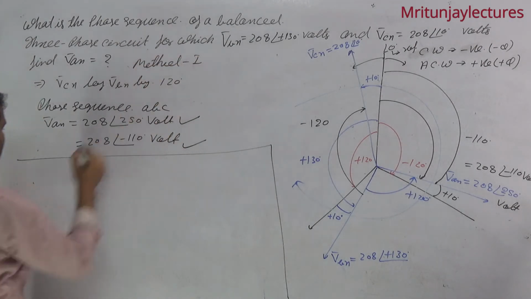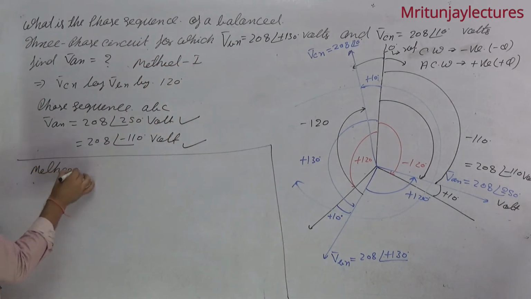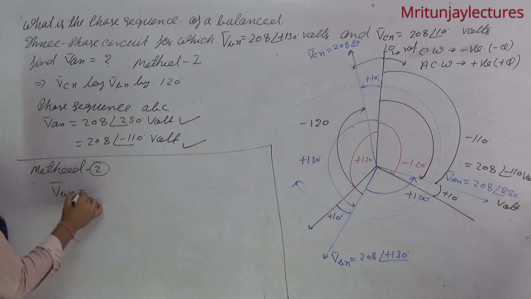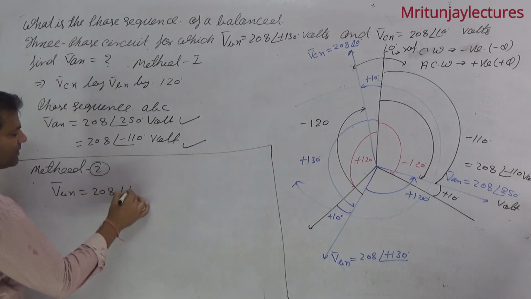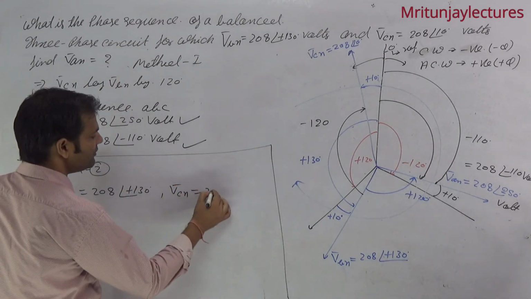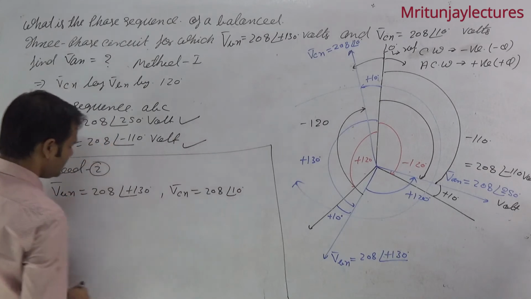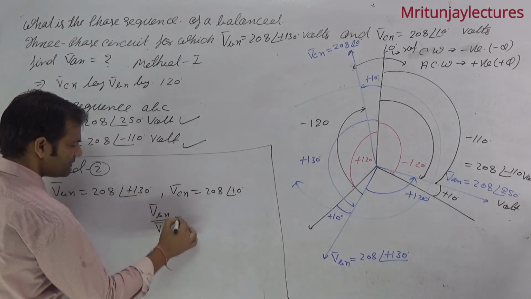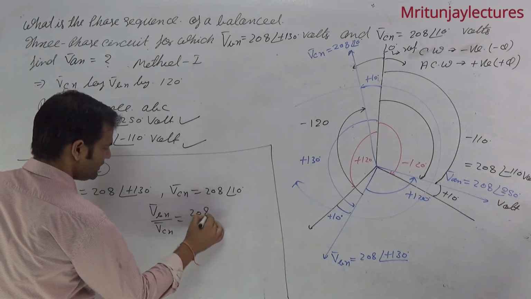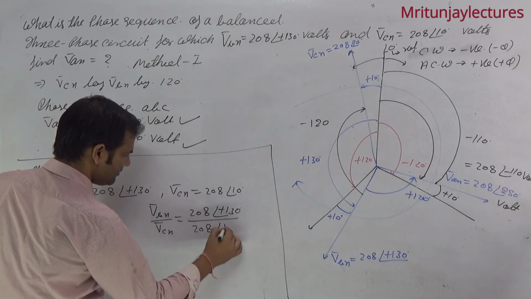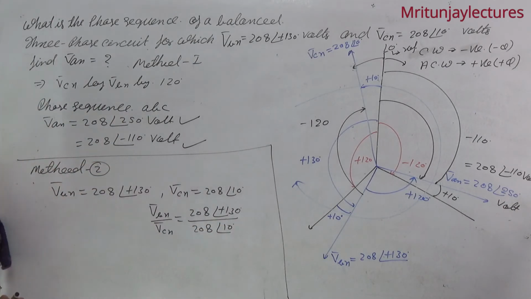The first method we have solved with the help of the phasor; now the second method. I know that VBN is 208 at the angle plus 130 degrees and VCN is 208 at the angle plus 10. So VBN divided by VCN is 208 at the angle plus 130 divided by 208 at the angle plus 10. Clear?